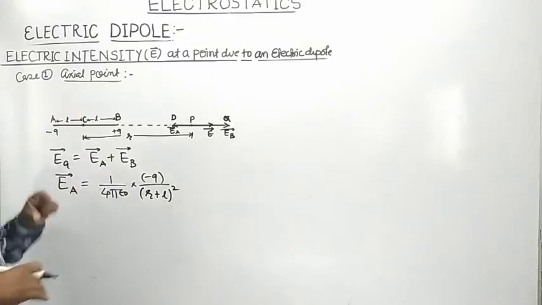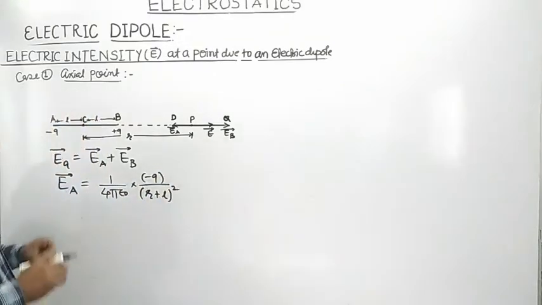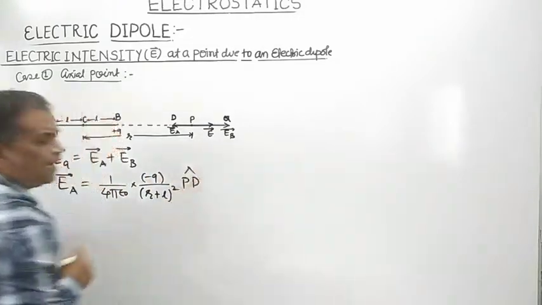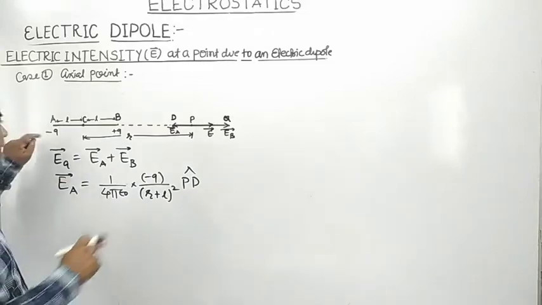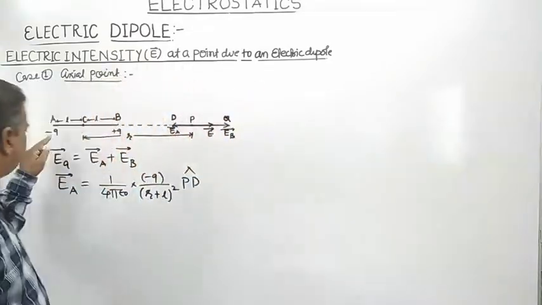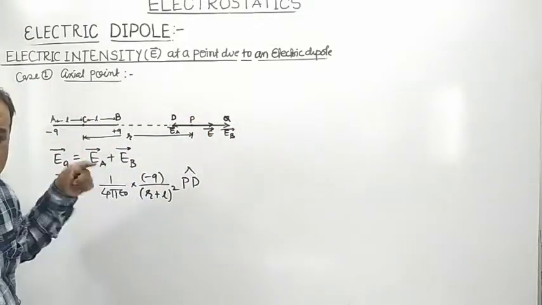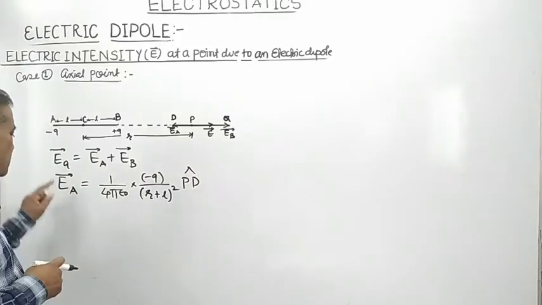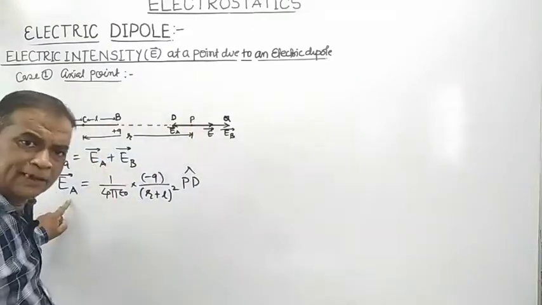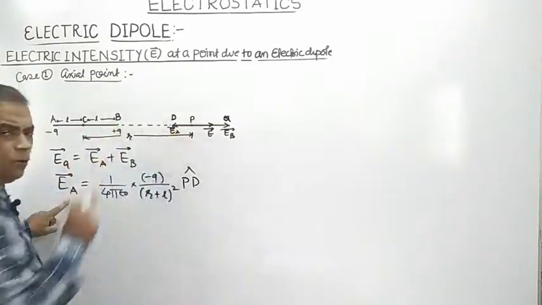And because electric intensity is a vector, here we must write a unit vector, and that unit vector is PD cap. Remember that the electric intensity at any point due to a negative charge is always directed towards the negative charge. So this EA will act in the direction of what? Minus q, meaning EA acts along the arrow PD.